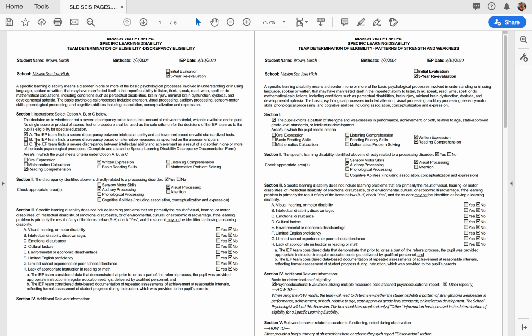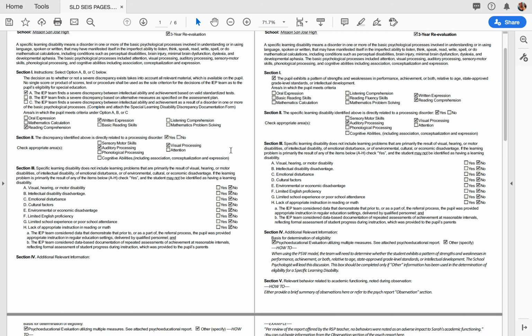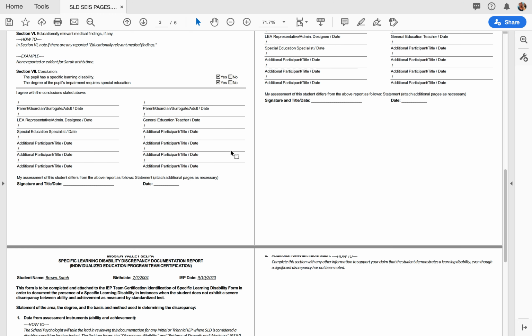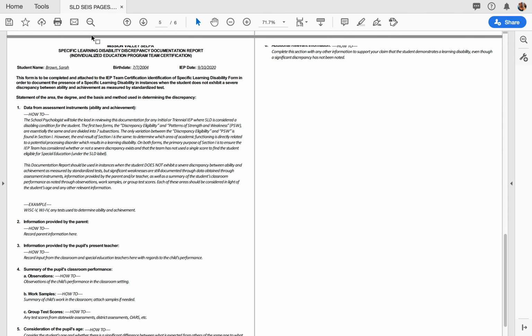So if your IEP team, your school psychologist, is marking C, it says it here, complete and attach the SLD Discrepancy Documentation Form, which essentially is our last form right here. So this discrepancy documentation report needs to be attached if you are checking C on the first page, okay?